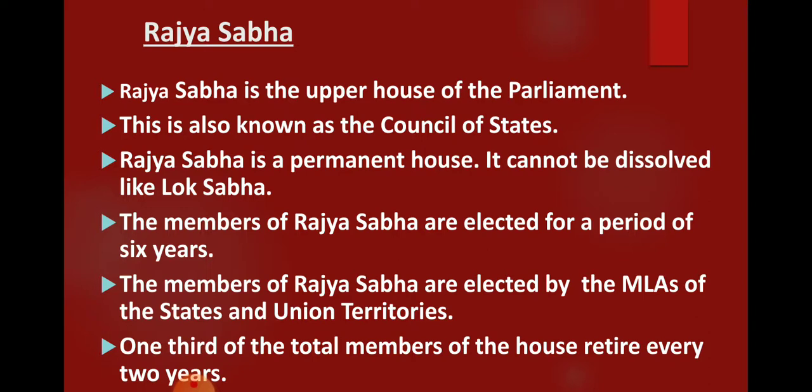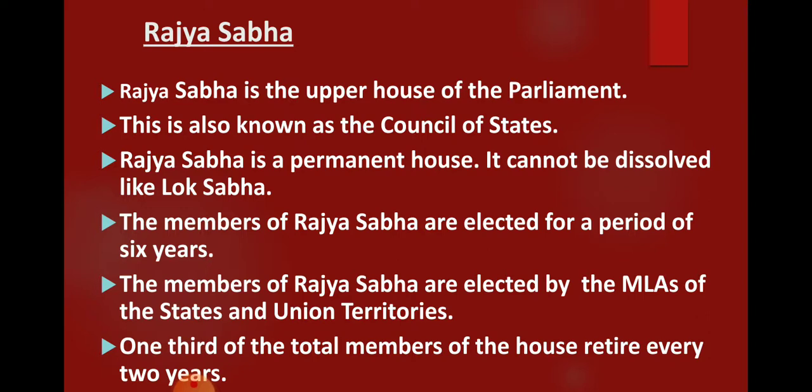Out of this 552, around 550 members are directly elected by the people. But Rajya Sabha members are not directly elected by the people, they are elected by the representatives of the people, the MLAs of various states and union territories.